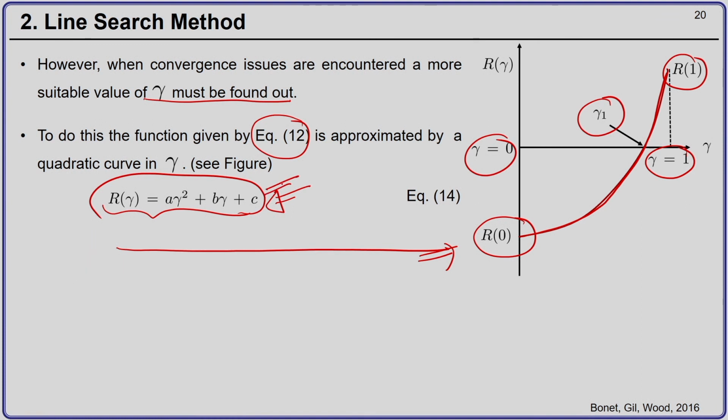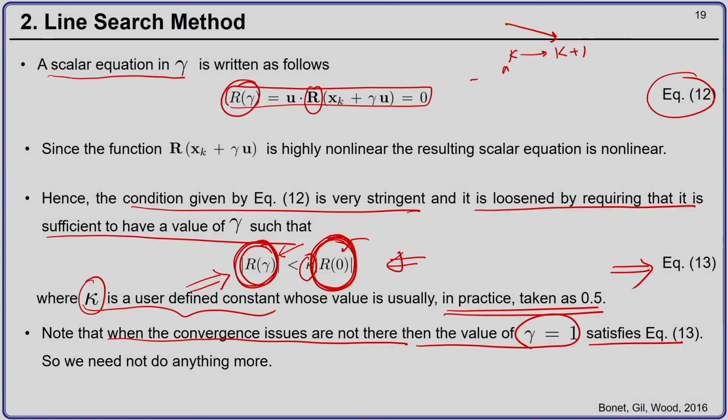Remember, in equation number 12, getting r gamma equal to 0 means that gamma should be the root of this function r gamma.